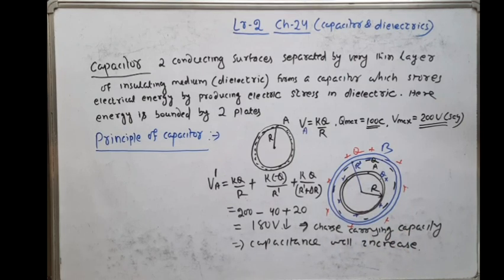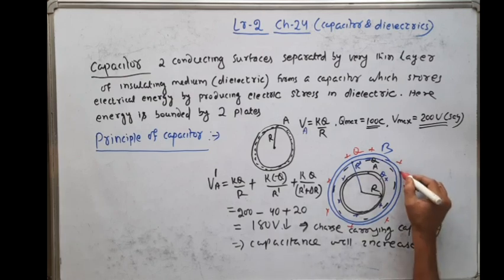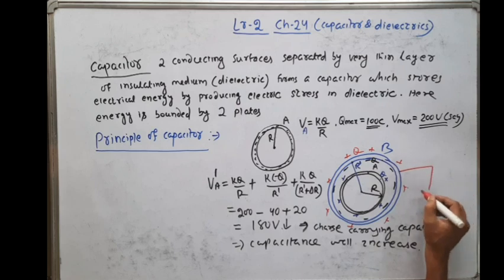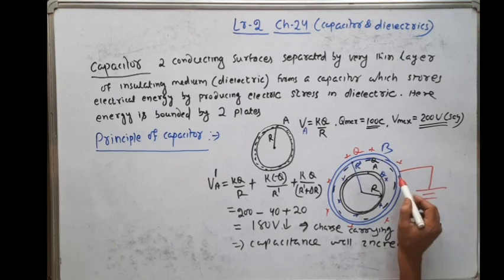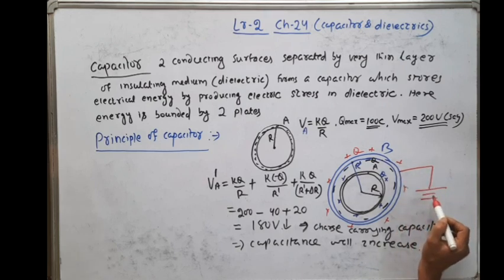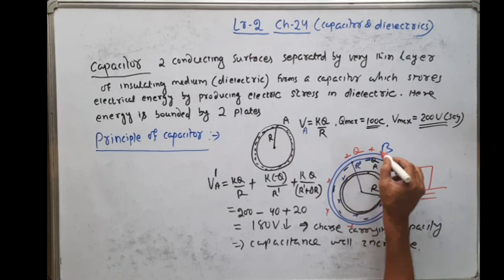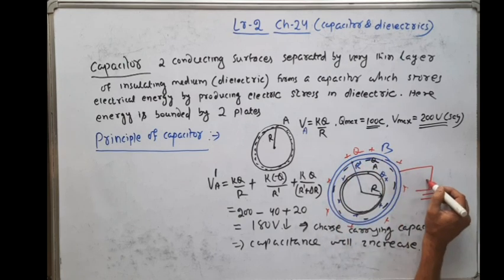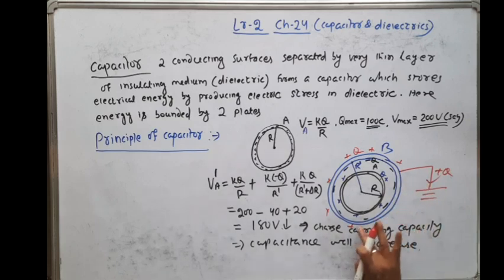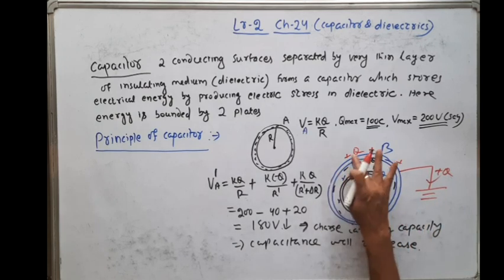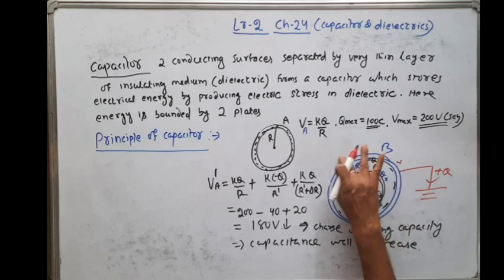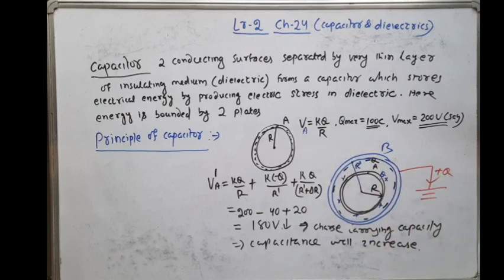Now another factor is there. If I make an earth connection to this second sphere, suppose I connect this second sphere to the earth, what will happen? This plus q charge will go to earth. That means there is no positive charge here, because it is connected to earth.